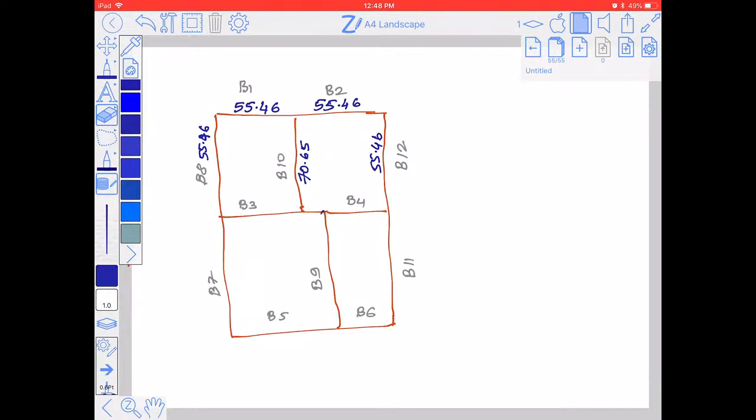Now, how will we find the load on B7? The load on B7 is equal to the total area of the slab into intensity.